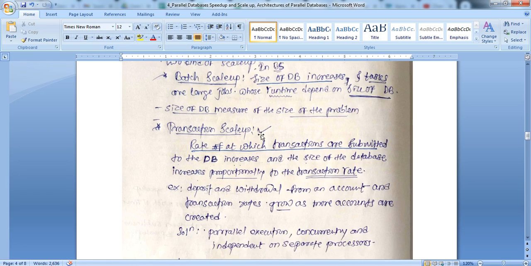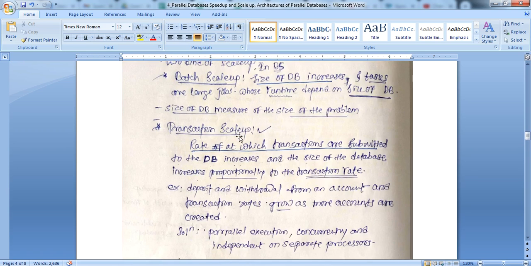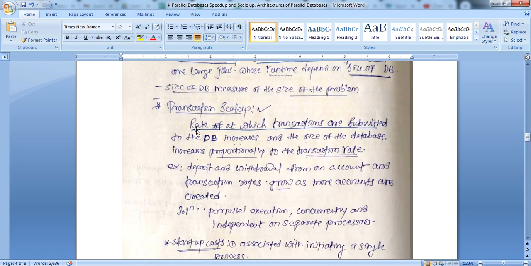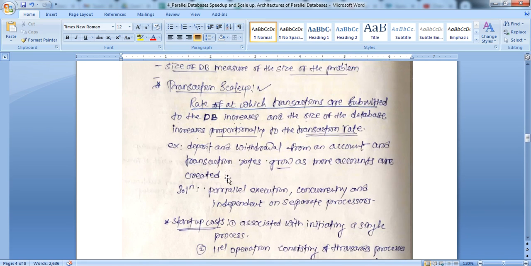Now transaction scale up. Batch scale up depends on the size of the database, and transaction scale up depends on the transaction speed or the transaction count on the database. That is the scale up process for batch and transaction. In transaction scale up, the rate at which transactions are submitted to the database increases, and the size of the database increases proportionally to the transaction rate.